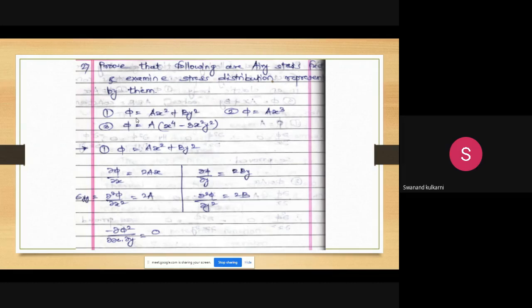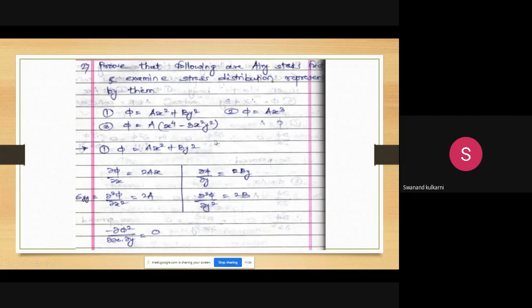Here, in the first example, phi is equal to ax square plus by square. The second example, phi is equal to ax cube. The third example, phi is equal to a into bracket x raised to 4 minus 3x square y square.